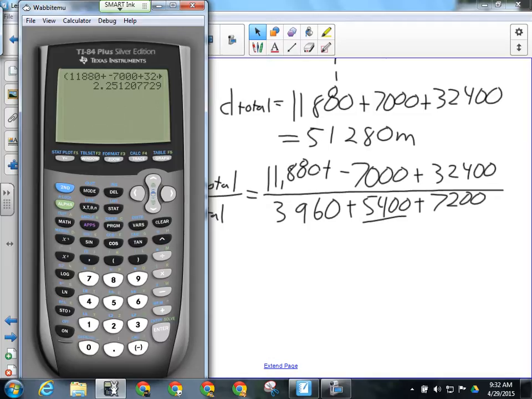Okay, so we're getting, did I miss a 0? No? Okay, so it comes out to 2.25 meters per second.